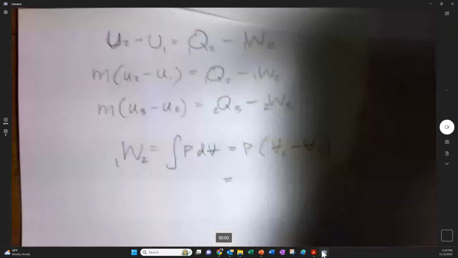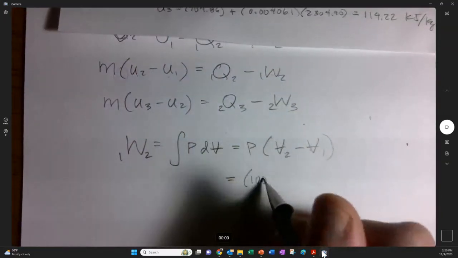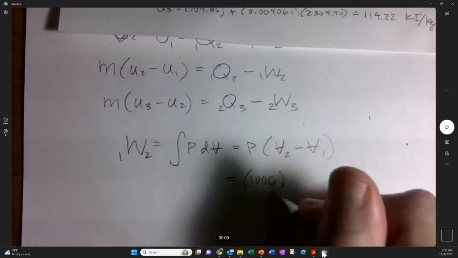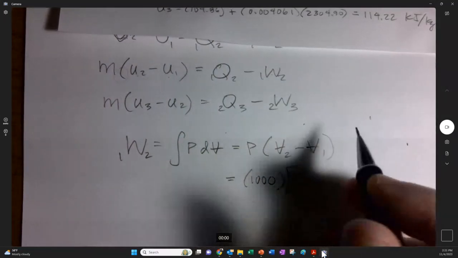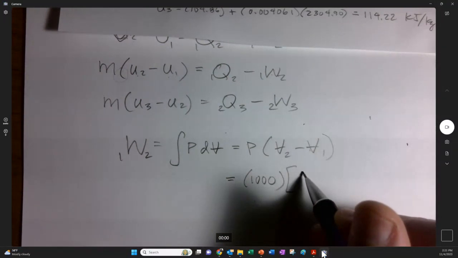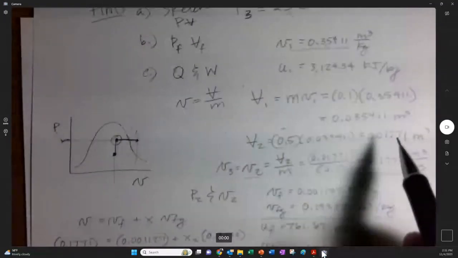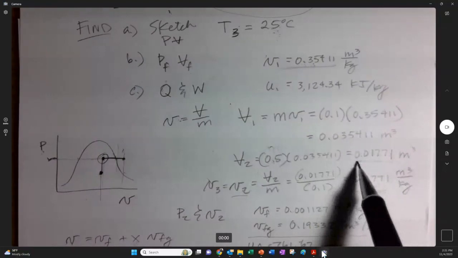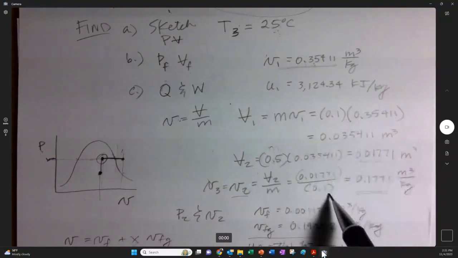The pressure is in kilopascals, so it's going to be 1,000 times the volume, which we have. Actually, we could just multiply it by this V2, because we know this is half of that, so the difference between them.